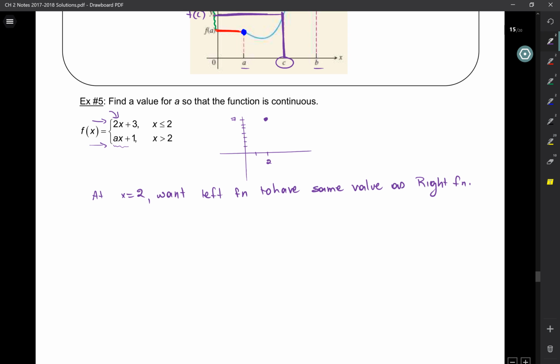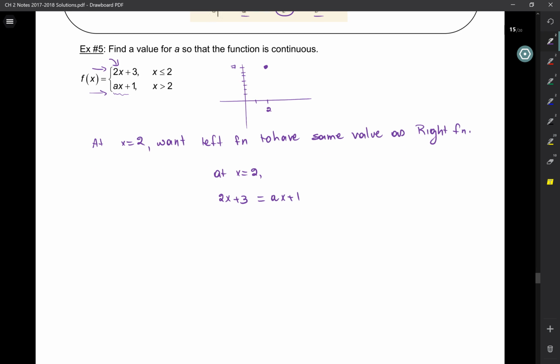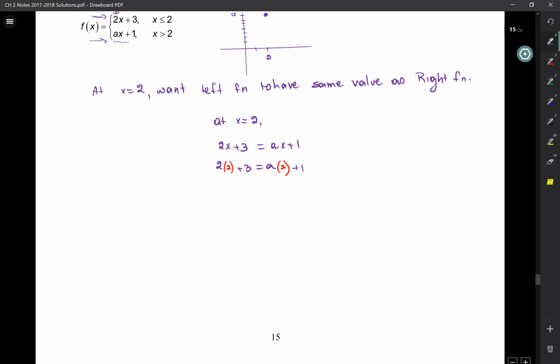That means at x equals 2, we want 2x plus 3 to equal ax plus 1. So let's plug in 2, because we want this to be at x equals 2. Now, can we just find a? So this is 7 is equal to 2a plus 1. 6 equals 2a, a equals 3.